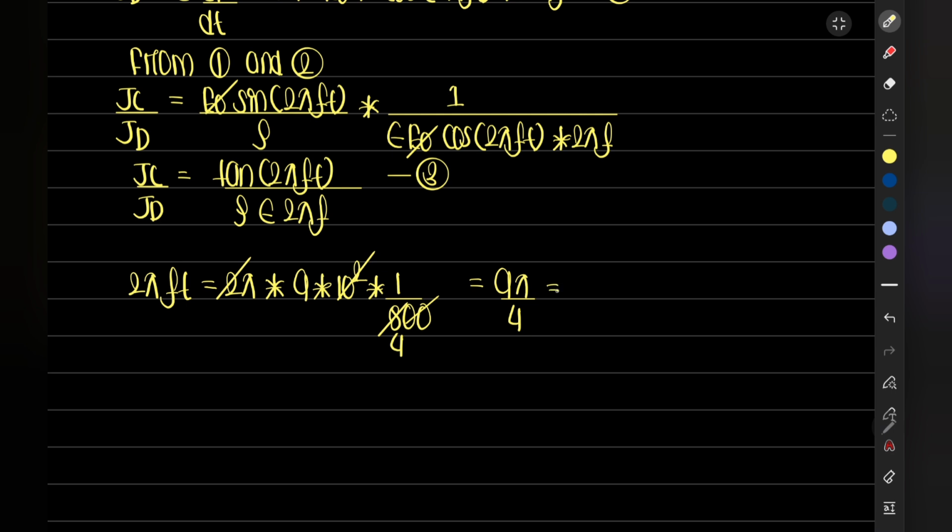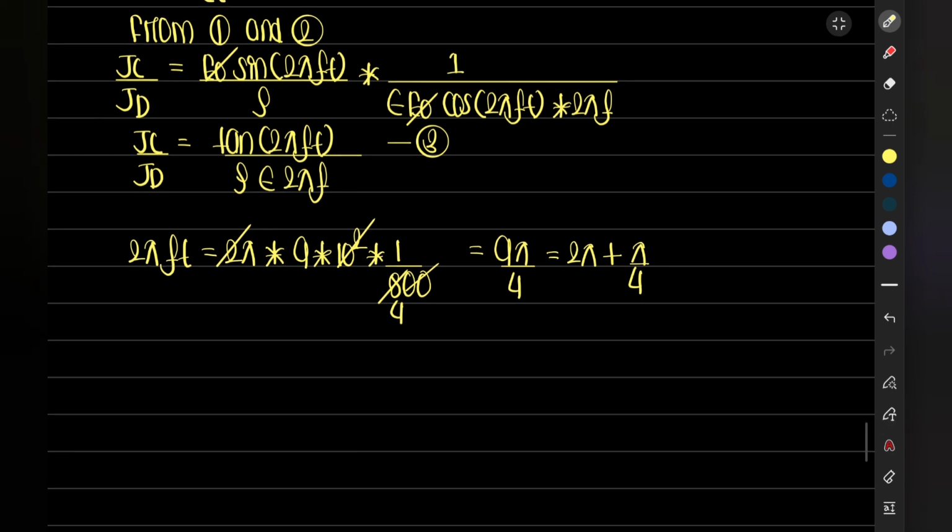Now this 9 pi upon 4 can be written in the form 2 pi plus pi by 4, because after simplification, 4 2s are 8, 8 pi plus pi, 9 pi by 4. Why am I writing this term? Because what I need is tan 2 pi ft.